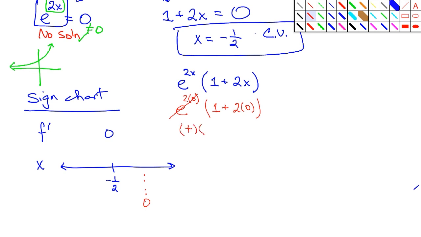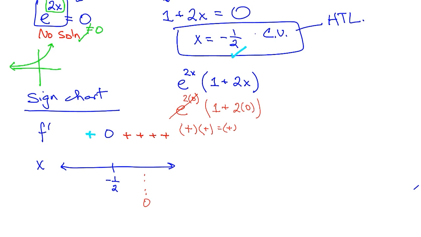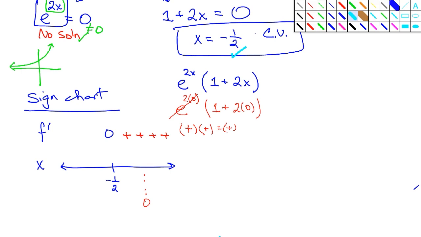And then here we have 1 plus 2 times 0, which is positive. So this is positive. So it's positive on this side. The multiplicity on the root x equals negative 1/2 was odd. So this is negative because it changes sign.